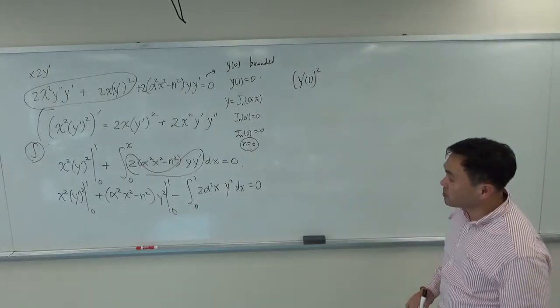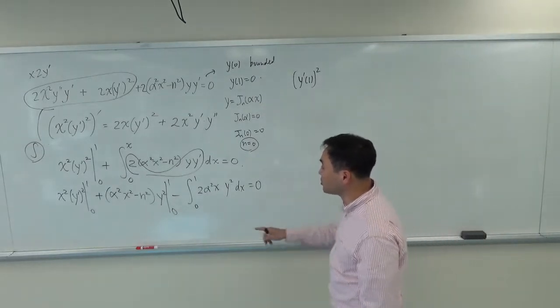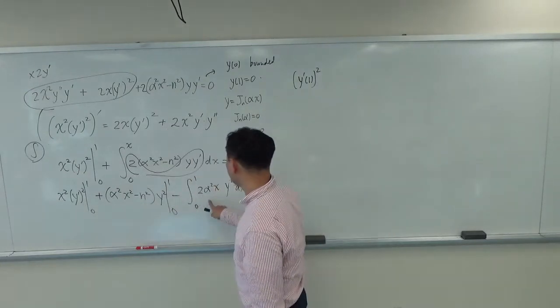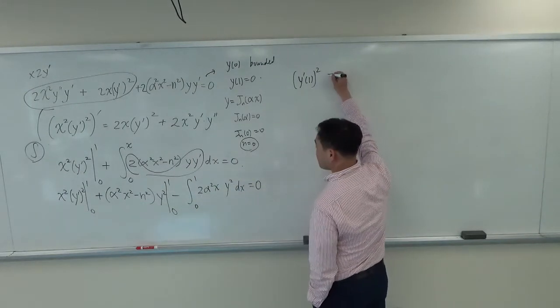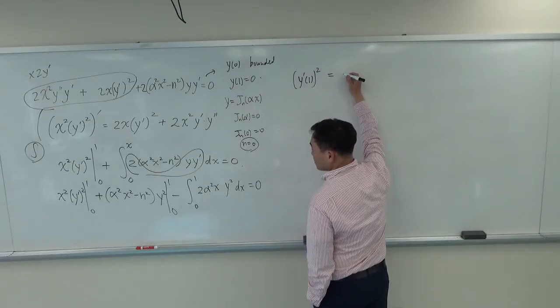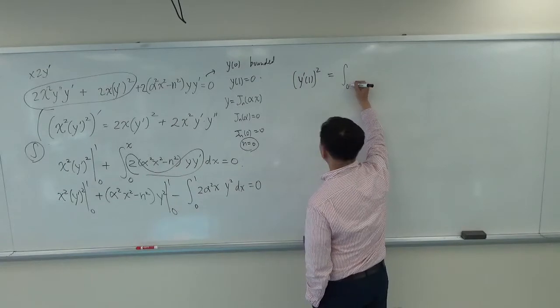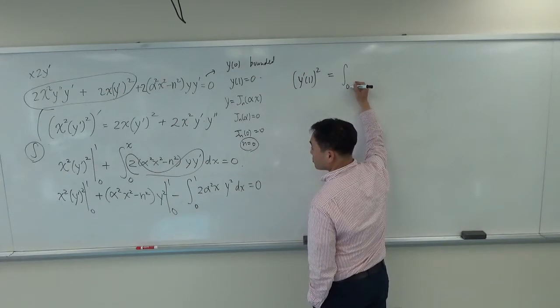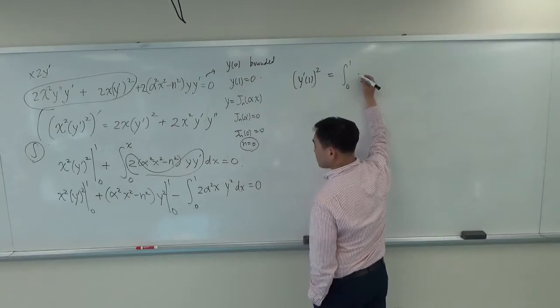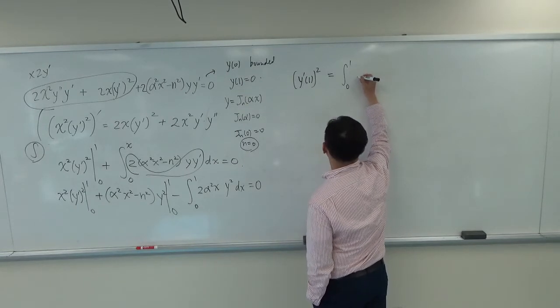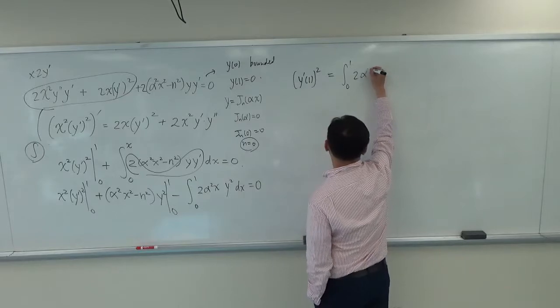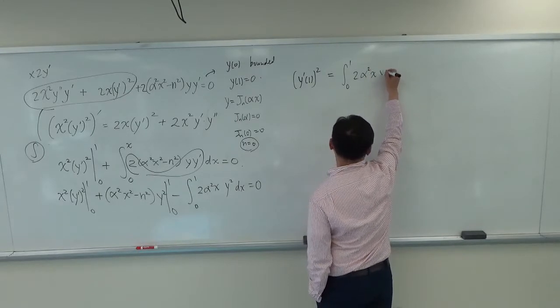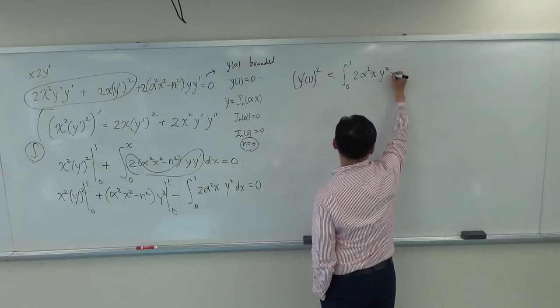All right. So that means this is the only thing that we get. And this goes to the other side, and you get this equal to the integral from 0 to 1 of 2 alpha squared x y squared dx.